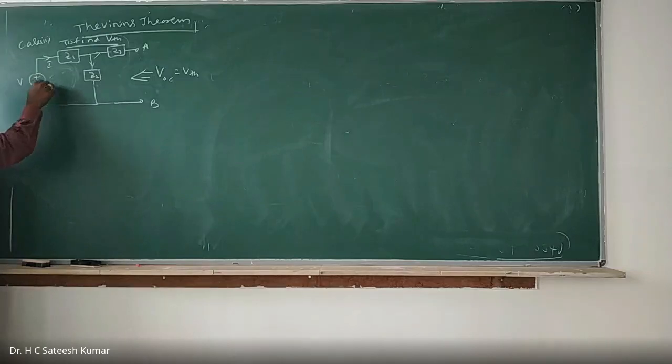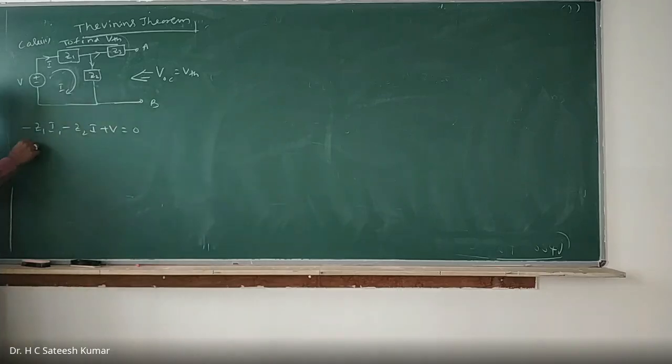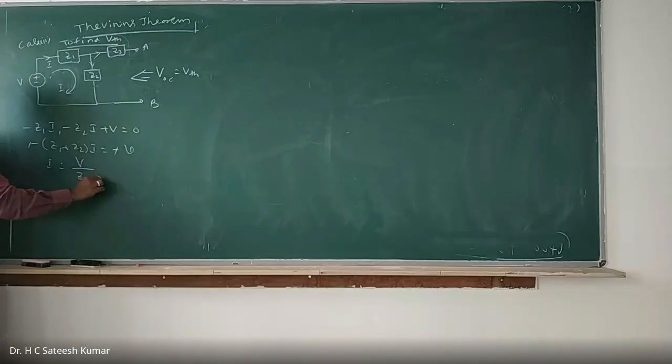We call the current I. Now we have minus Z1 into I minus Z2 into I plus V equal to 0. Therefore, minus of Z1 plus Z2 into I is equal to minus V. Therefore, I is equal to V divided by Z1 plus Z2.